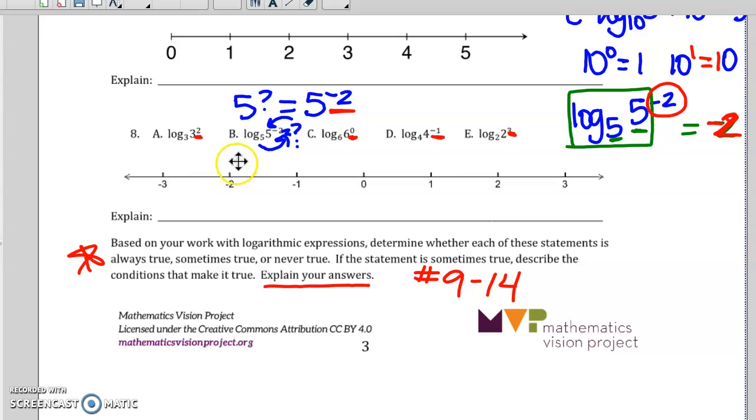So B would be above -2. So ultimately, with this one, they're giving you the answers in the exponent, okay? So I also drew it right here. So anything that we're taking log base 5 of, if it's also a 5 and what I'm taking, that part ends up canceling out, and what's left is my exponent. So kind of a cool property of logs.